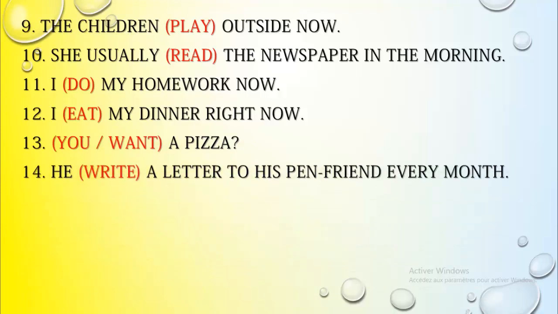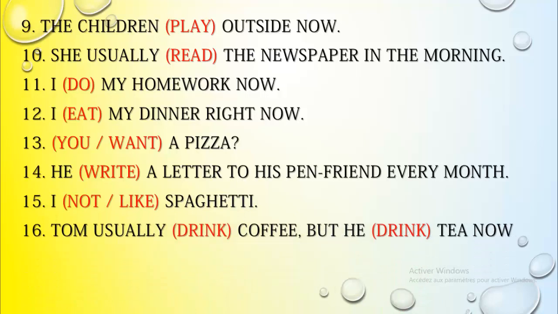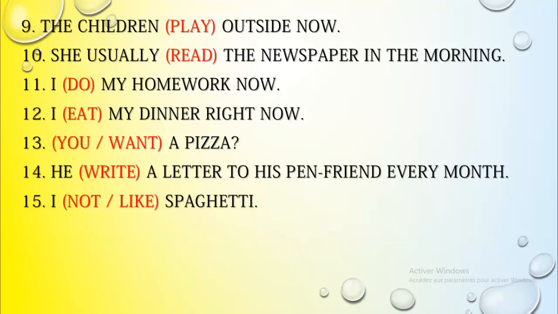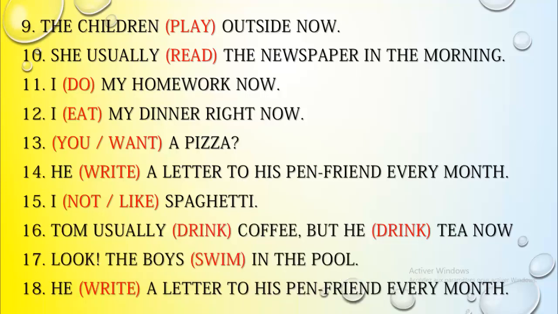Interrogative form. He to write a letter to his pen friend every month. 15, I not like spaghetti, negative form. 16, Tom usually drink coffee, but he to drink tea now. Look, the boss to swim in the pool. 18, he write a letter to his pen friend every month.